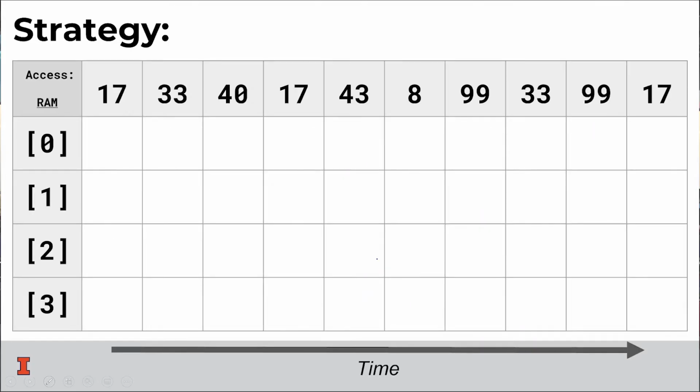So let's say we have a bunch of page accesses, that we might first access page 17, then page 33. So we have different strategies, and the first strategy I want to look at is the optimal strategy. Strategy number 1 is called OPT, or optimal.